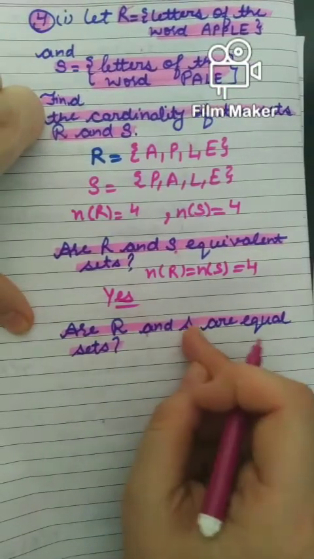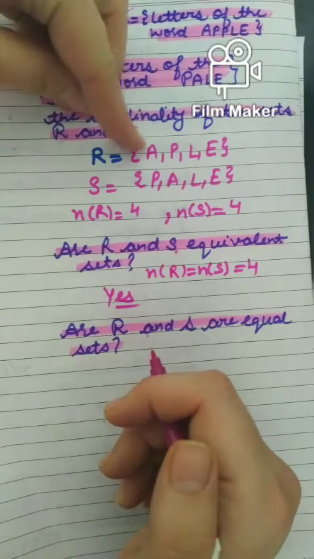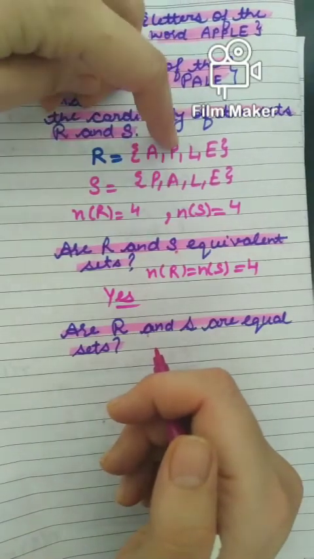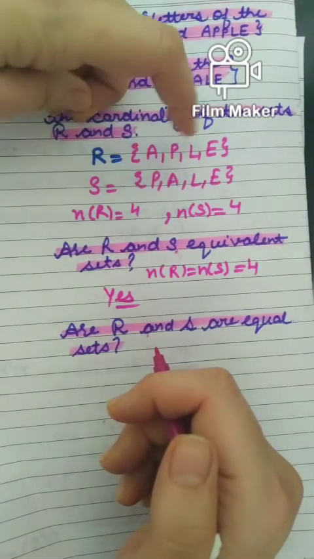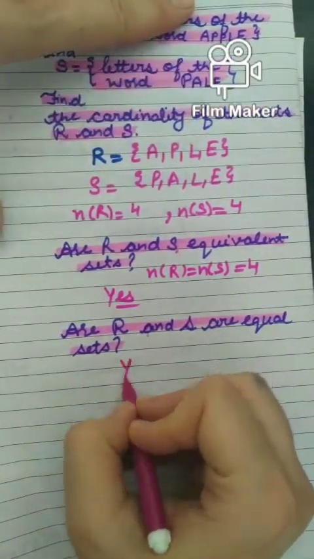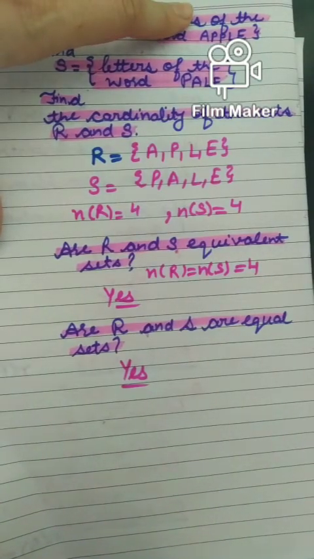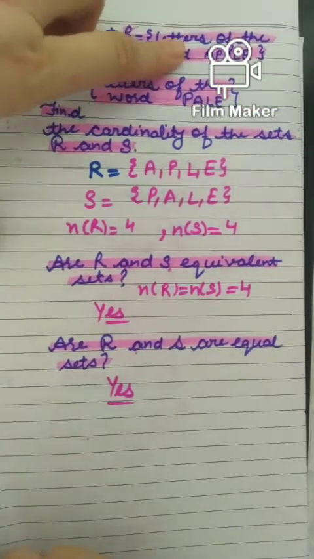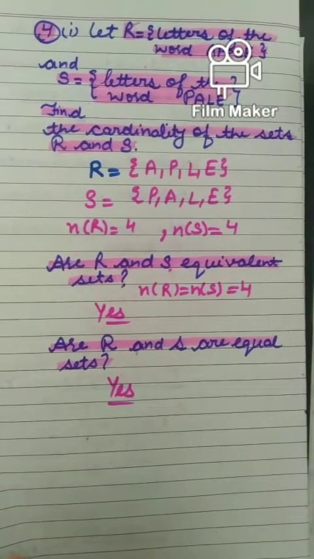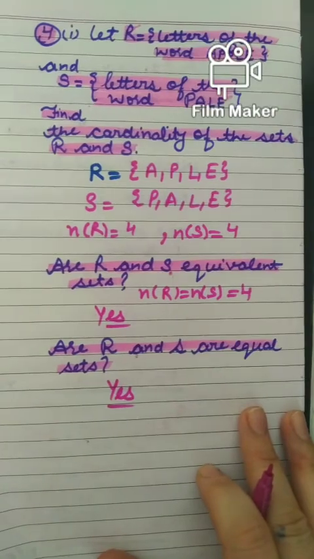R and S are equal sets too. You can see in set R we have A, in S also we have A, P is also there, L and E are also there. So the elements are the same, na? So yes, they are equal sets. I have told you the order of elements doesn't matter at all, right? So I hope till here it is clear. We will continue the next part of this in the next video. Okay beta, thank you.